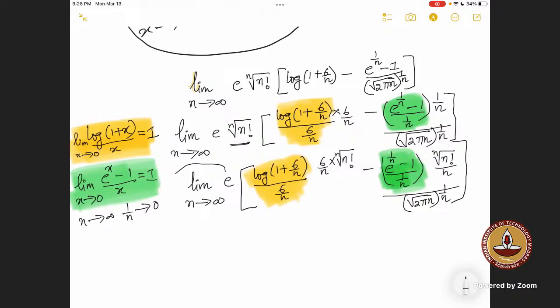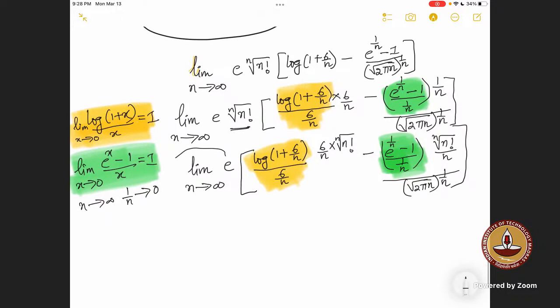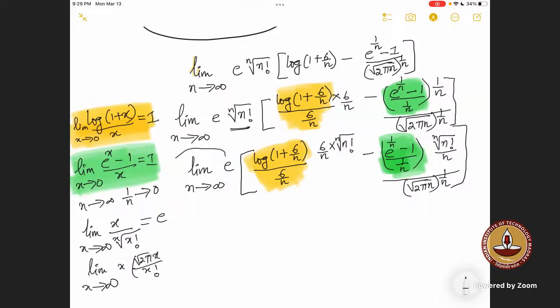Now, there is one more formula we have to use. So two more formulas, right? Let me write that for you. The one formula we have to use is limit x tends to infinity. These formulas are already provided in the question itself. Limit x tends to infinity of x by x root of x factorial is e. The other thing we have to make use of is limit x tends to infinity x into root 2 pi x by x factorial whole power 1 by x.